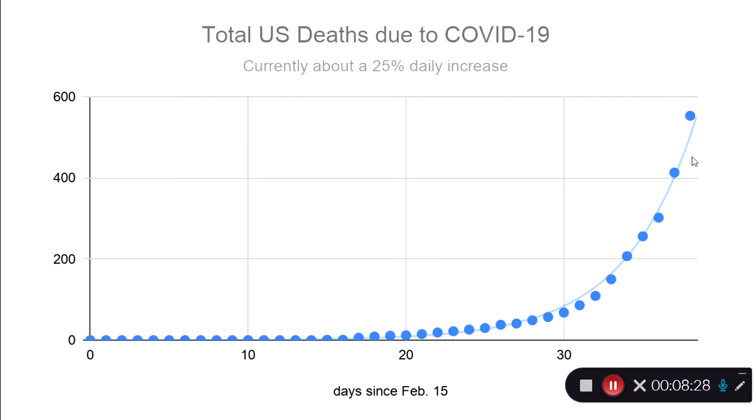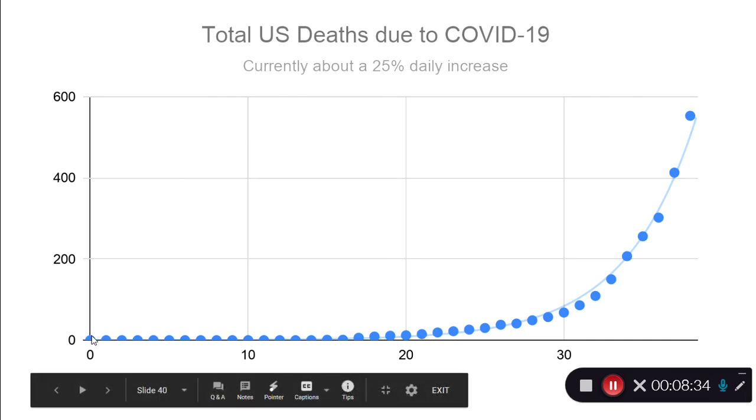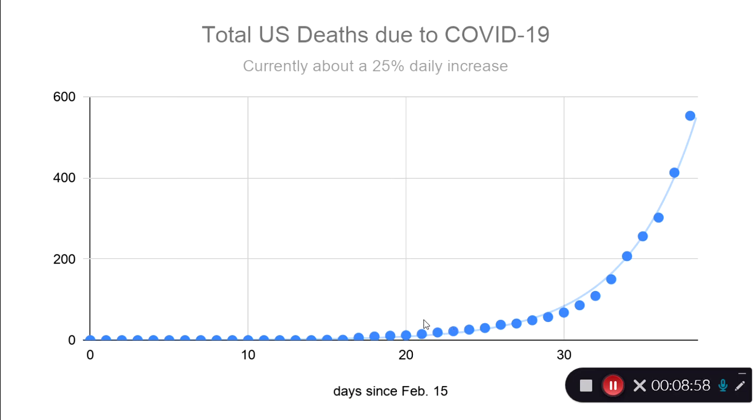So the function you get by modeling this data gives you a 25% daily increase in deaths. So the data down here in the beginning, these were all zeros. It starts at February 15th, 0, 0, 0, 0, 0, 0, and somewhere around here, we get to 1. And then somewhere over here, I forget when, it was the day that the chancellor announced that all University of Maine system classes are going online.